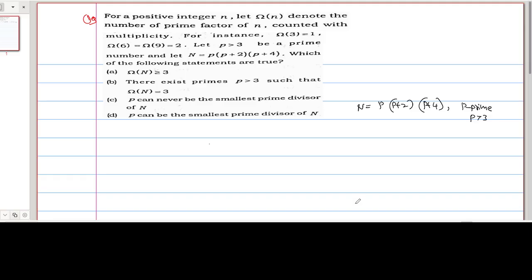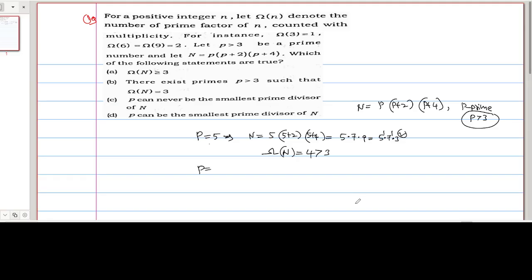Basically, suppose you start with p bigger than 3. That means p can be 5. Therefore n is 5 times 5 plus 2 times 5 plus 4, that means 5 into 7 into 9, that means 5 into 7 into 3 squared. Therefore omega of n is 1 plus 1 plus 2, that means omega of n is 4, which is bigger than 3, right?